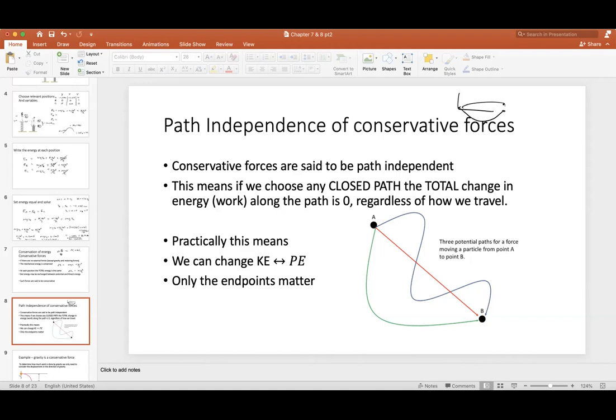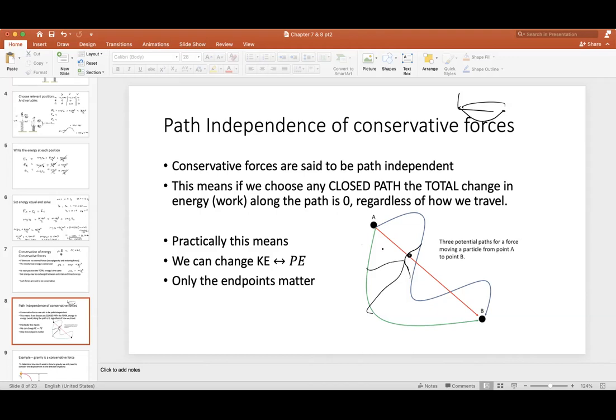There's a little subtlety that I'll get into on the next slide, but we really don't care. We only have to concern ourselves with endpoints, with the positions on the path, not how it got there. So imagine that this was position C, and imagine somehow this blue path goes through and this green path went through, right? It doesn't matter which of those paths we chose to get to C; the change of kinetic energy and potential energy when we go from A to B has to sum to zero, right?